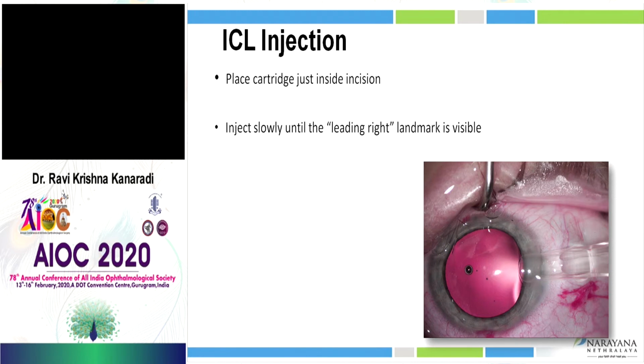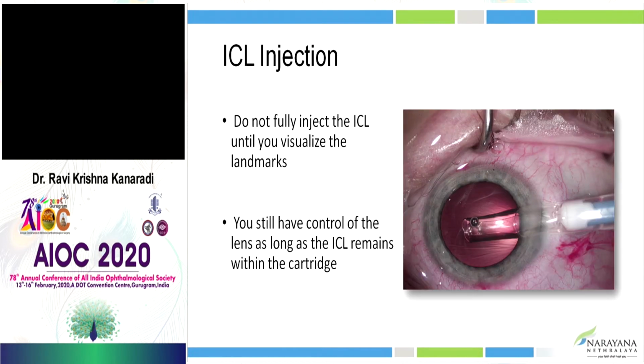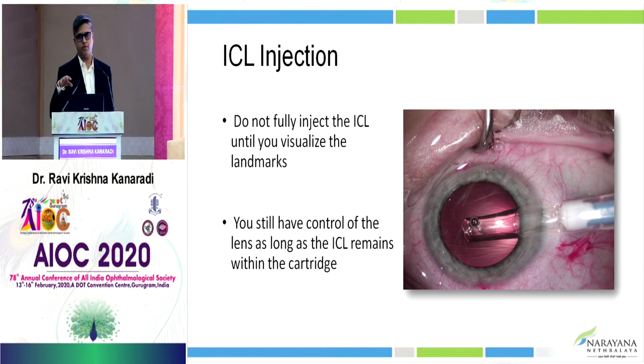And the ICL injection is very, very important. Here, place the cartridge inside the wound, not at the outer lip. The entire cartridge has to go inside, or at least the edge should be near the inner lip of the wound. Inject slowly until the leading right landmark is visible. If you push it fast, it might rotate and become reversed.